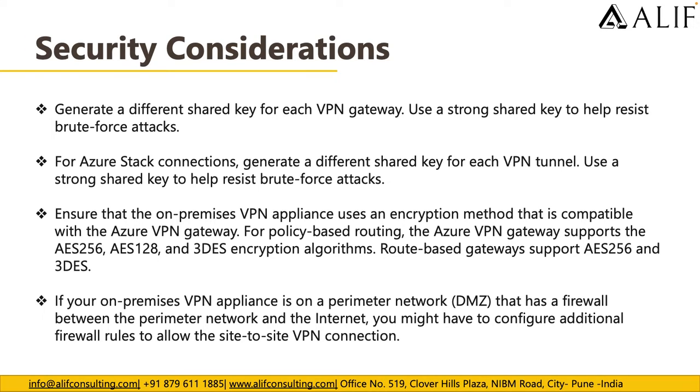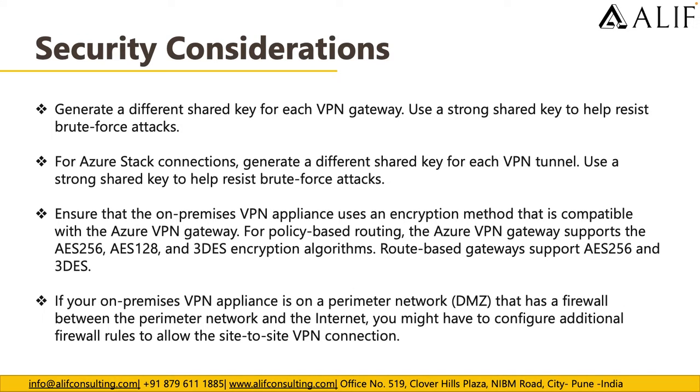Third, ensure the on-premise devices support the encryption methods specifically supported by Azure VPN Gateway, like AES 256, AES 128, and 3DES encryption algorithms, and also support the route-based VPN gateway from the on-premise devices.